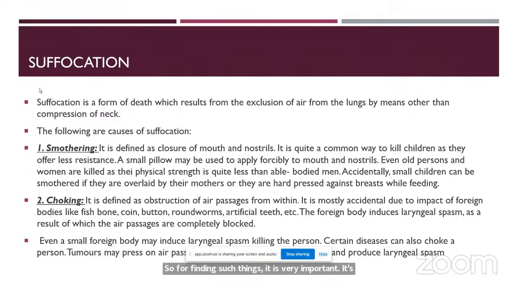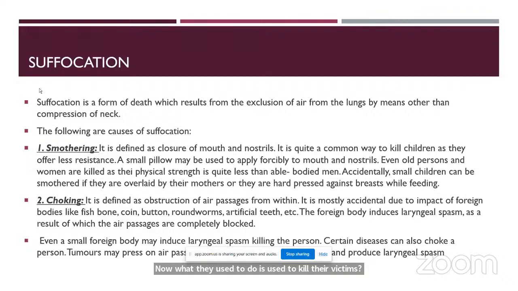Now there are certain other terms that come with choking: Burking and Bansdola. Burking is a classic example of choking. This was done by two people named Burke and Hay. What they used to do is kill their victims. How?